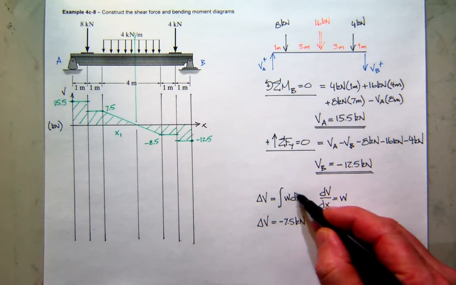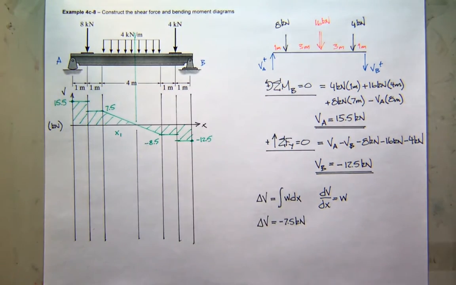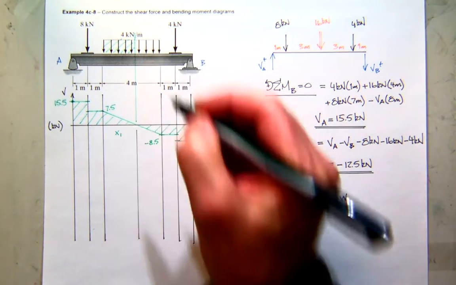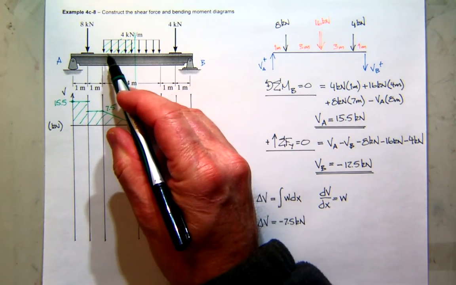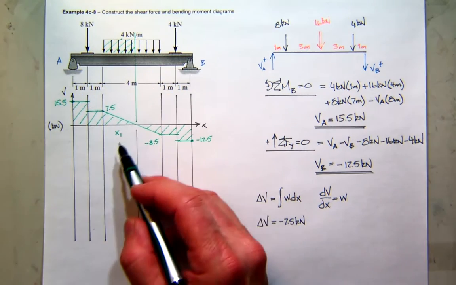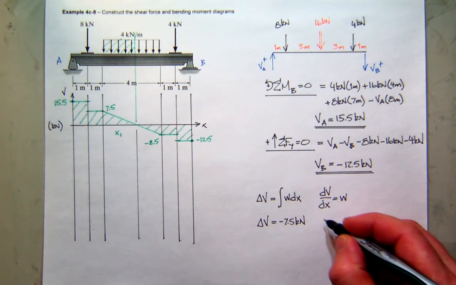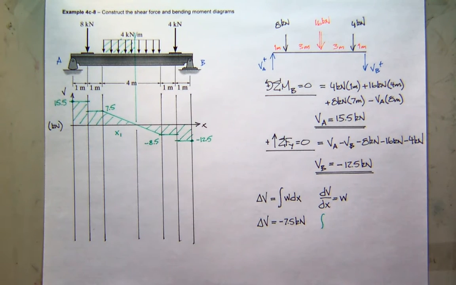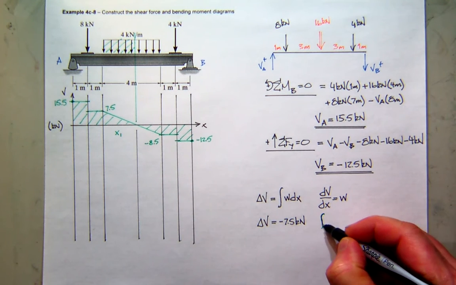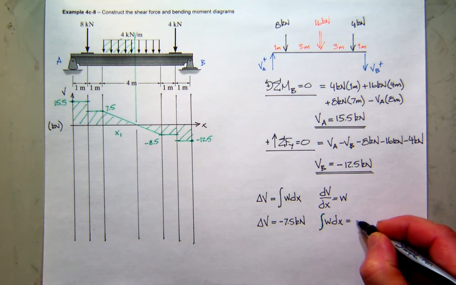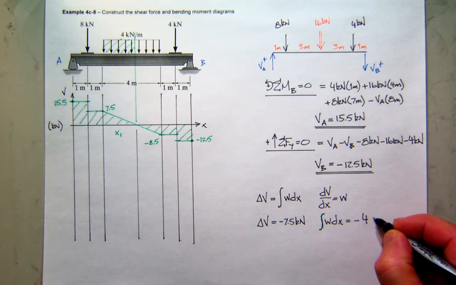What's the area under the loading curve under the same spot? What is this area right here? Well, what's the base of that rectangle? It's x1. What's the height? 4. So the integral of my load is going to be negative 4 because it's acting down, times x1.